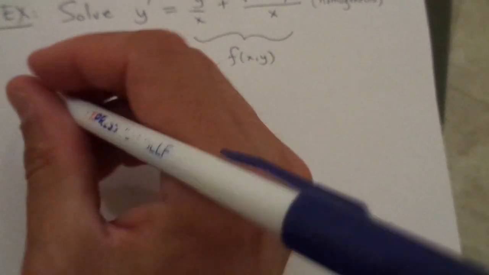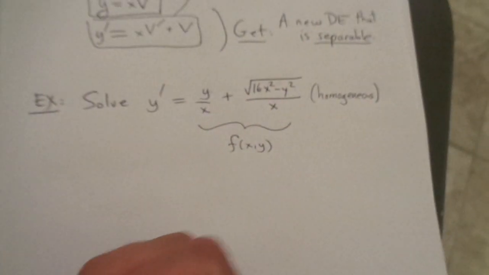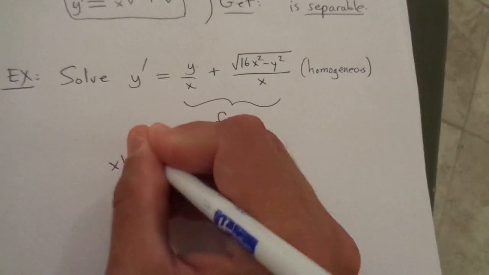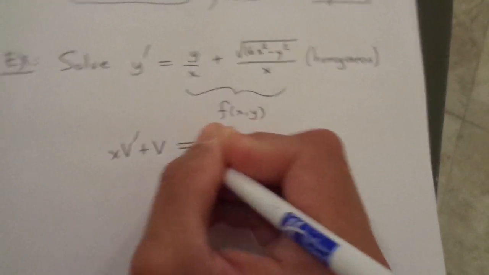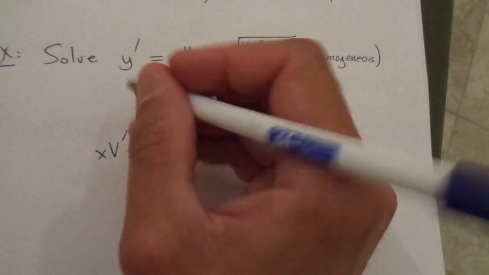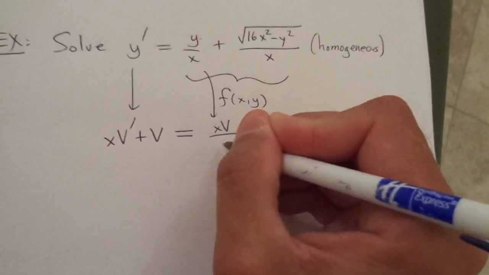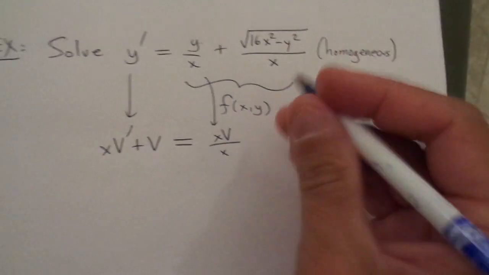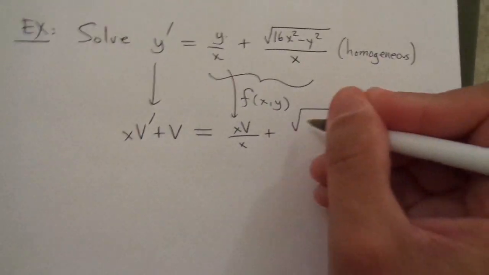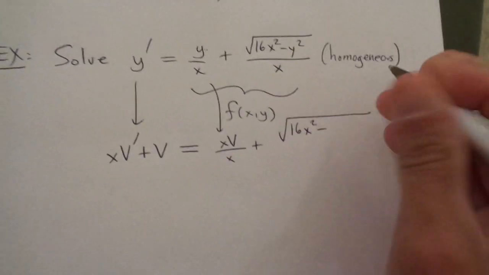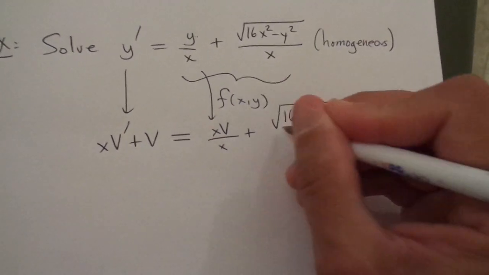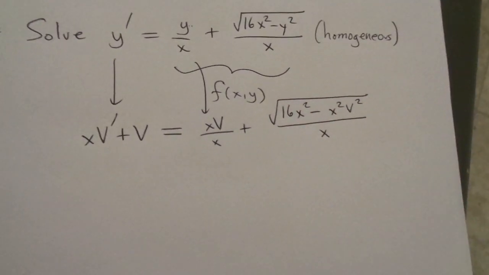Okay, so I'm going to take y prime and replace it with x v prime plus v. Okay, I'm going to take y over x. Now that y is xv, I'm going to divide by x. And then inside the radical I have 16x squared minus x squared v squared, all over x.